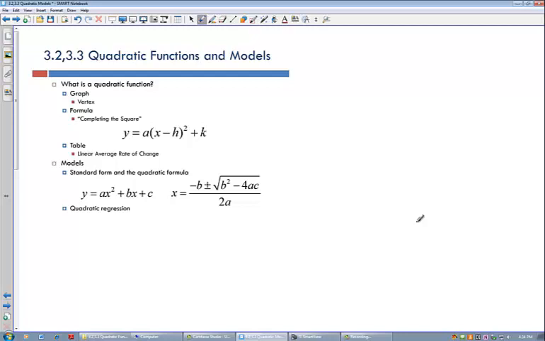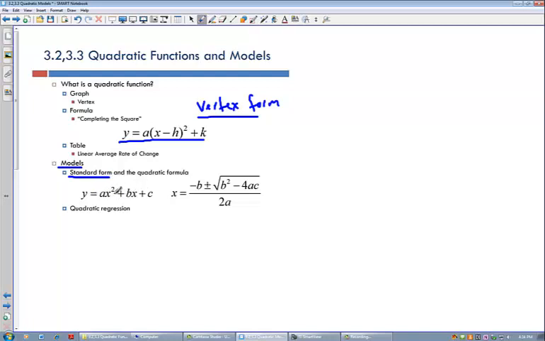Today, we want to talk about quadratic functions and their models. We're down here on the modeling section. We talked about this form, which is called the vertex form. Today we're going to talk about the standard form, which you may be a little bit more familiar with, which is y equals ax squared plus bx plus c.